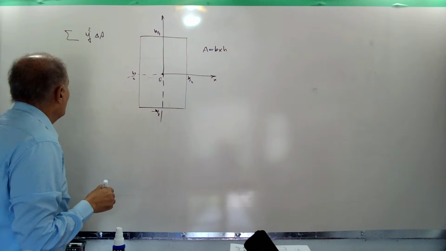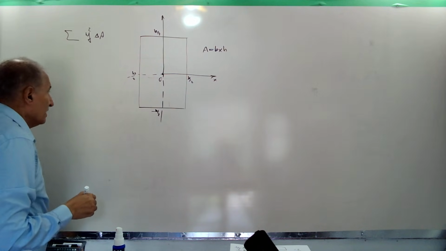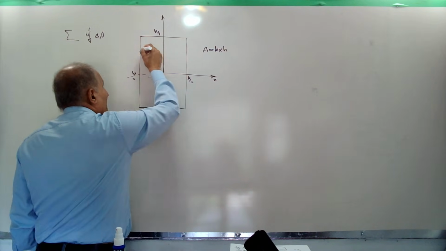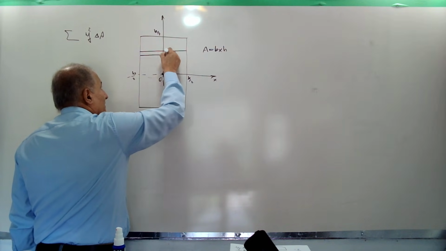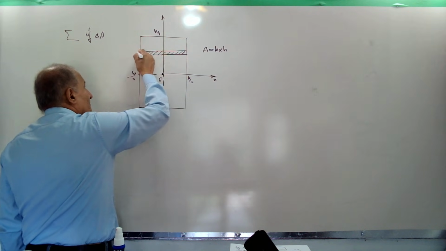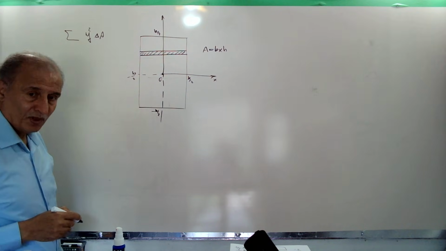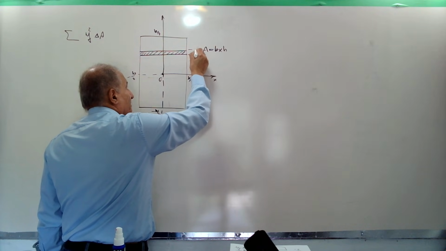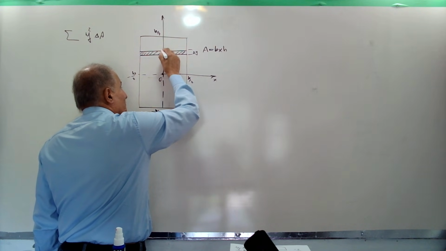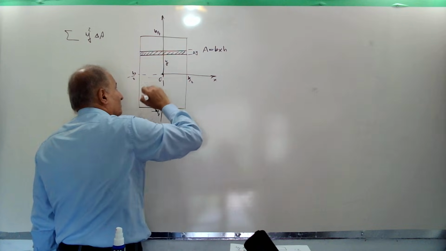Then this summation is for an increment of the area. Assume this is our delta A, and this is delta y, and this distance to the centroid is y.